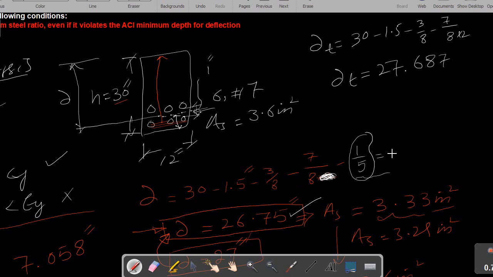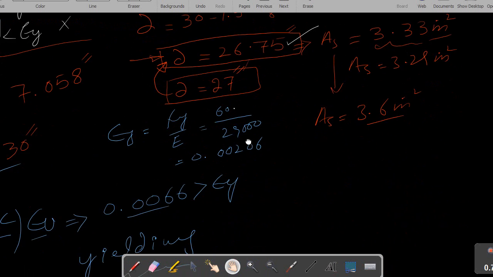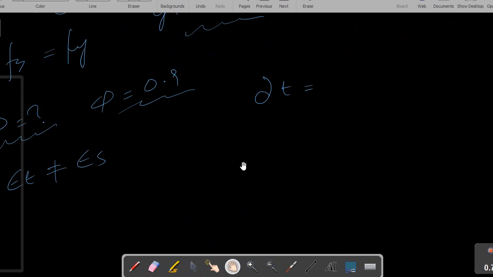This gives us 26.75. This is important, make the correction. This is how to calculate the d value. Now once we calculate the value of dt, we are able to find the epsilon t value.